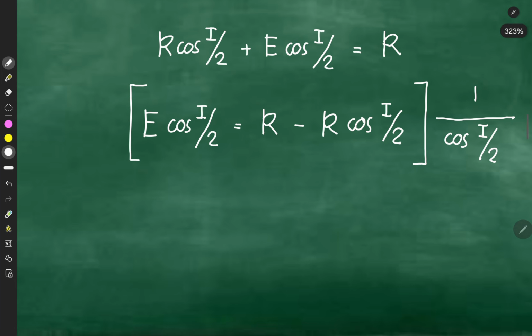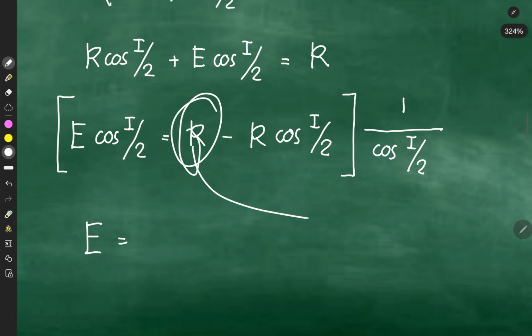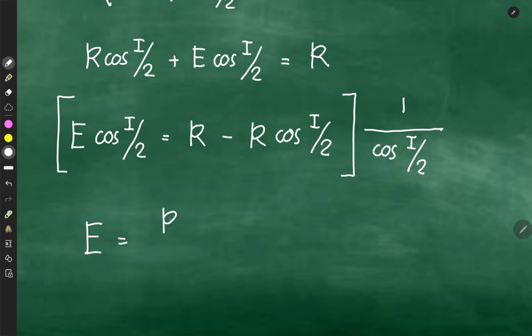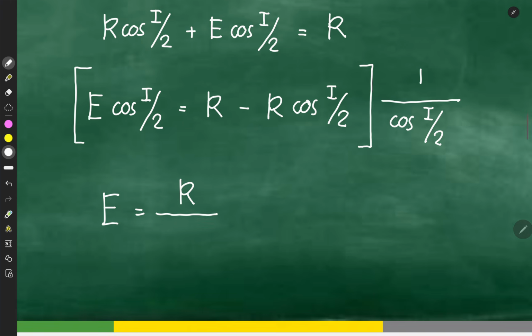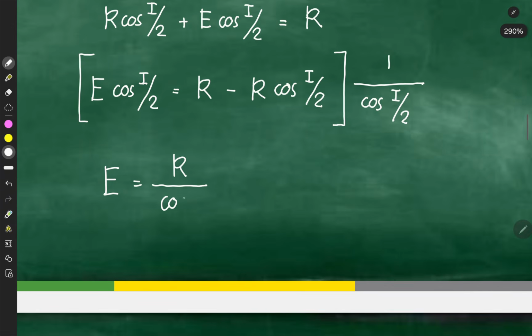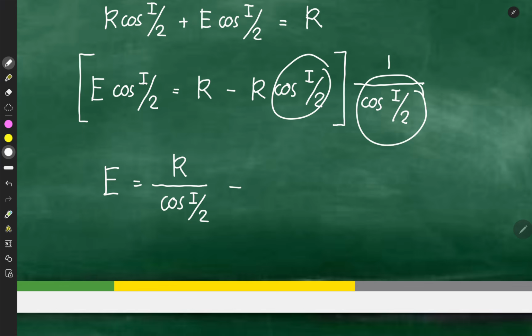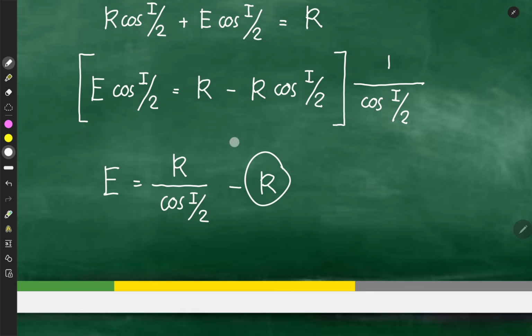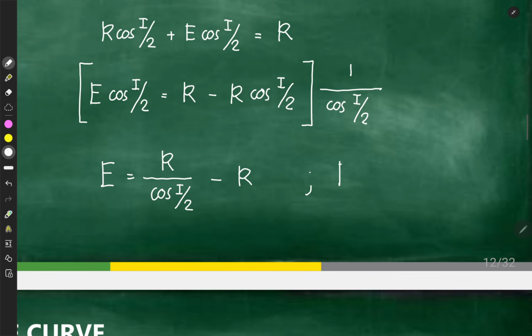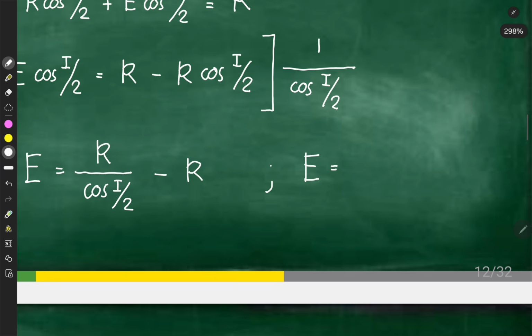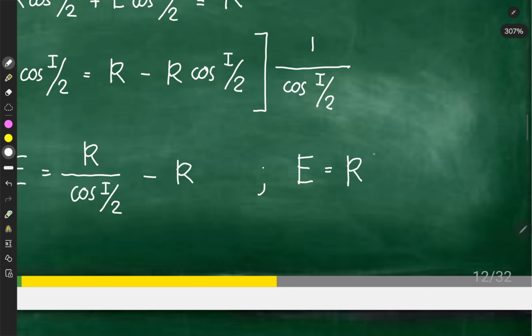So the equation will become, it's just like E. Then next, R multiplied by this will become R over cosine I over 2 minus ito divided by this, ang matitira na lang ay R. Then factor out natin si R. So the equation will become E is equal to R multiplied by 1 over cosine I over 2 minus 1.